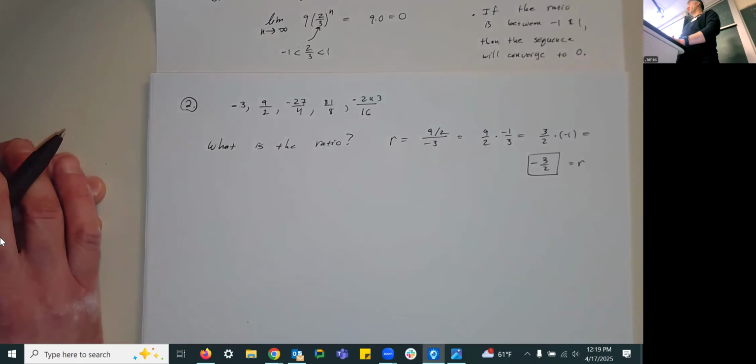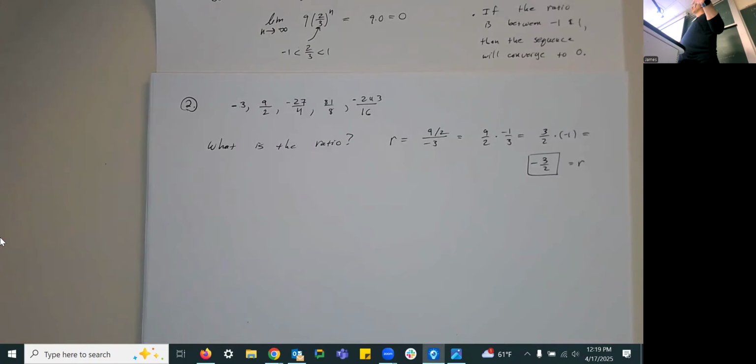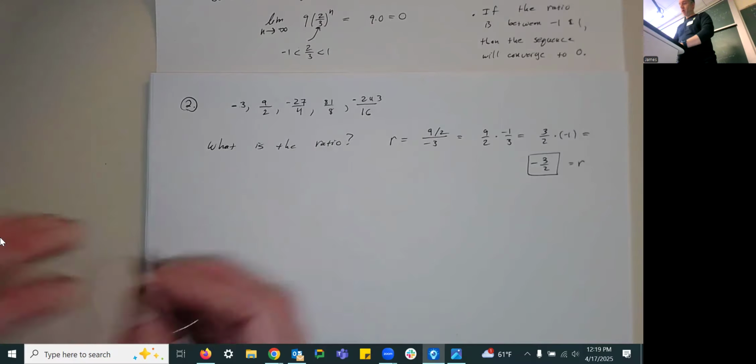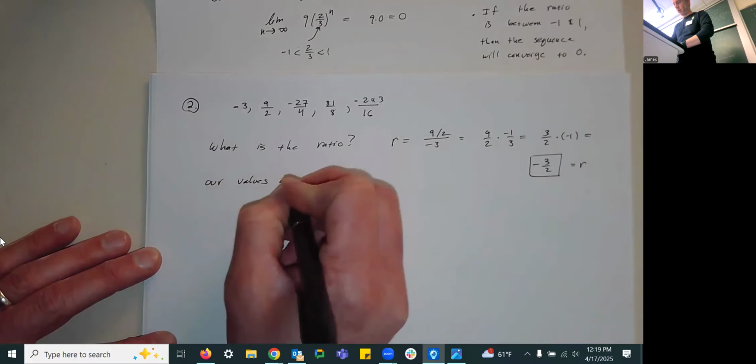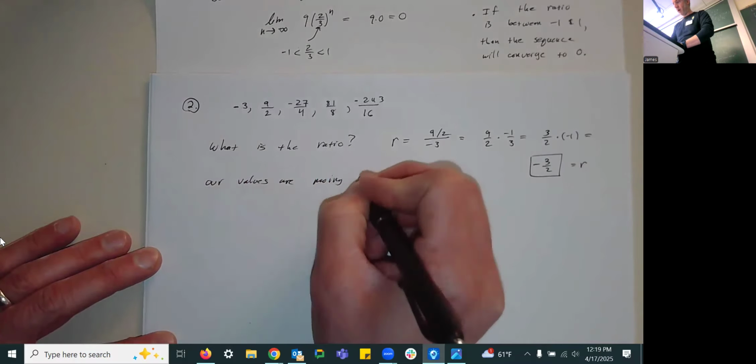We're getting larger here, right? Every time we multiply by -3/2, the value gets bigger, even if it changes from positive to negative or negative to positive. We're still getting further and further away from 0 because we're multiplying by a number that's bigger than 1 in absolute value. So our values are moving away from 0.